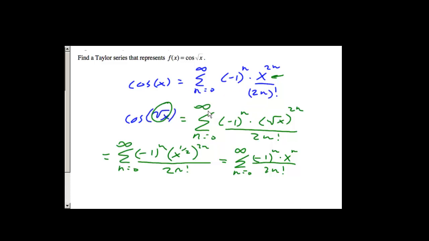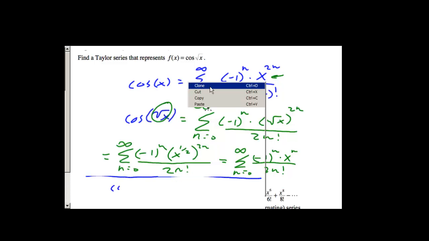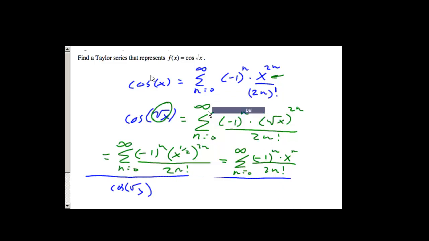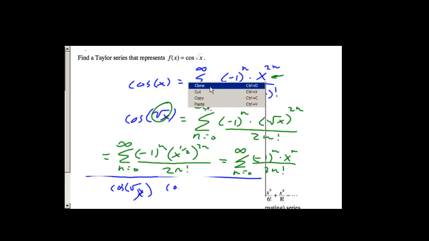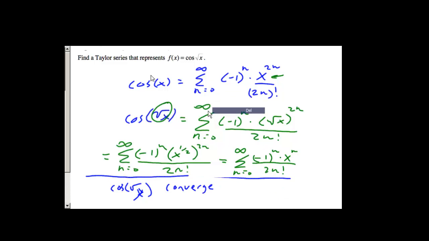So cos of root x will converge for all x that's in the domain of root x. So it's going to converge as long as x is greater than or equal to 0, because if it were less than 0, it would be outside of the domain of root x.